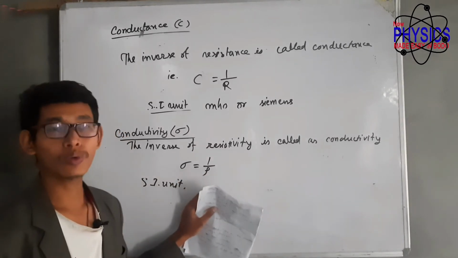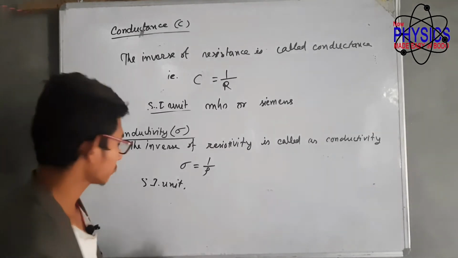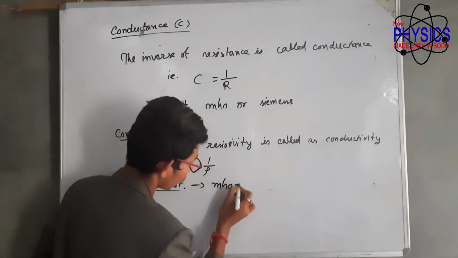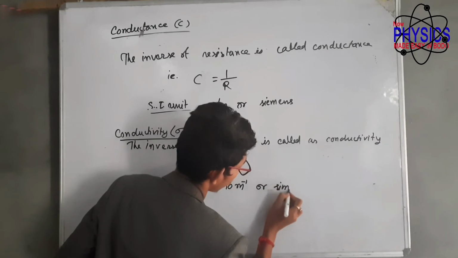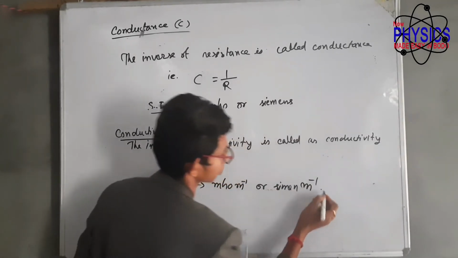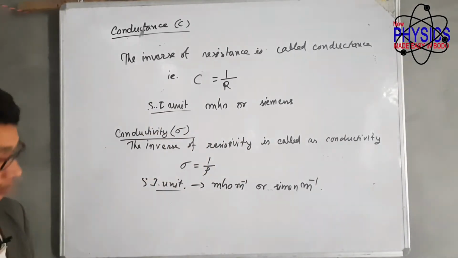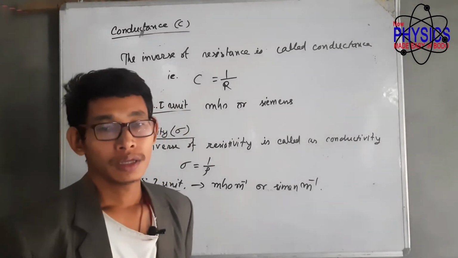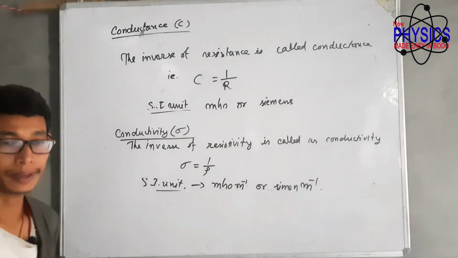Rho is ohm meter, so the unit is per ohm per meter, or mho per meter, or Siemens per meter, okay.